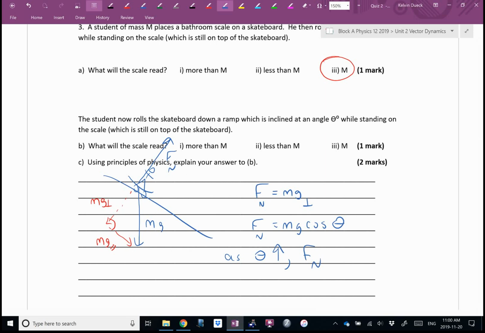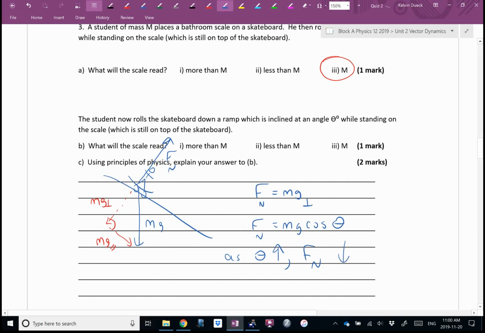What would the normal force be equal to? Yeah, 0. So if we went from mg to 0, as theta increases, what happened to the normal force? Decreases. As theta gets bigger, normal force gets smaller. So as theta increases, normal force decreases.